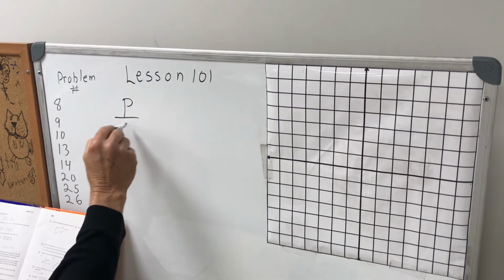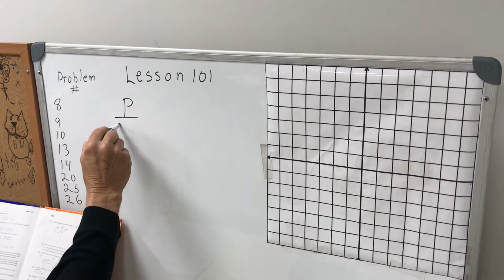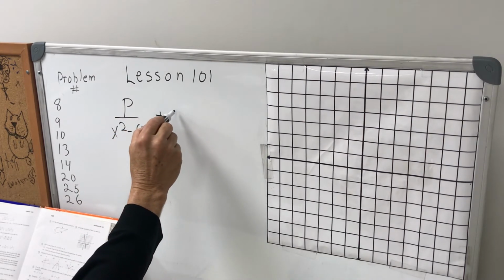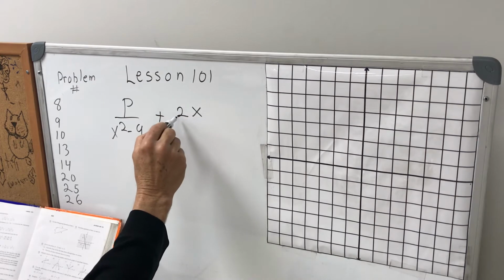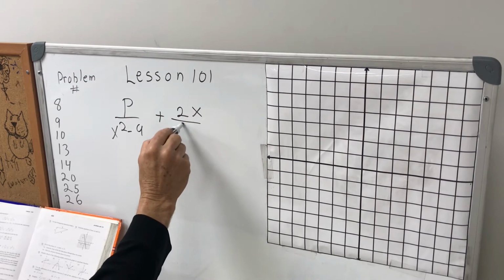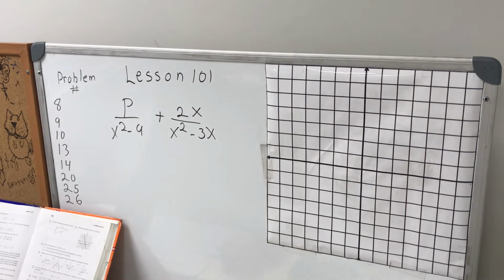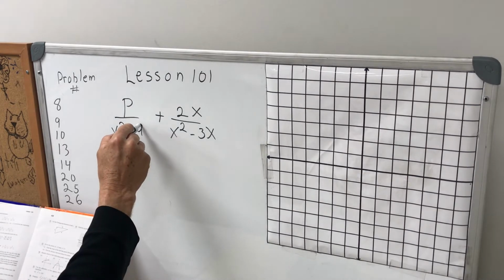It's p over x squared negative 9 plus 2x over x squared negative 3x. Okay, so we need to get a common denominator. What we need to do is factor these.